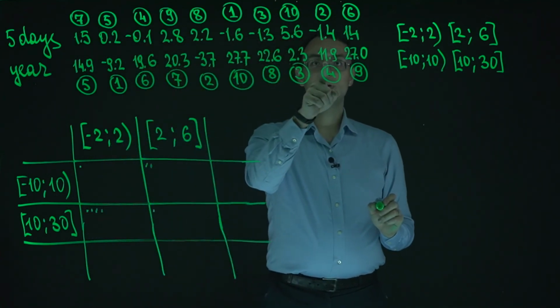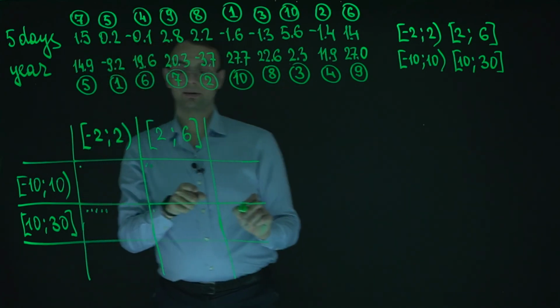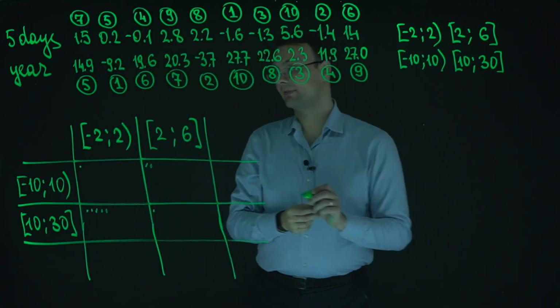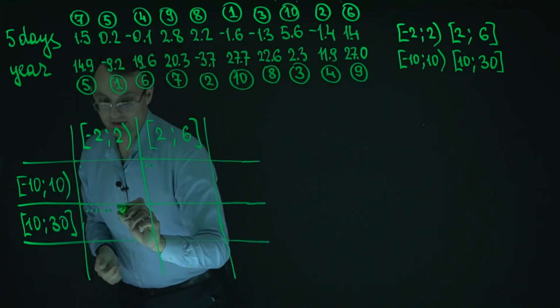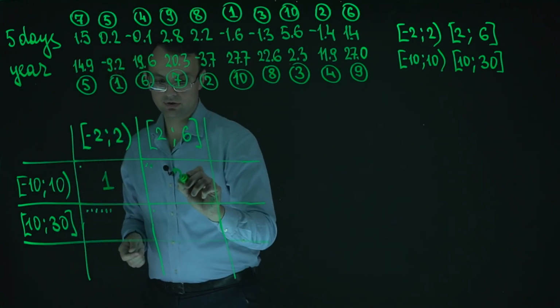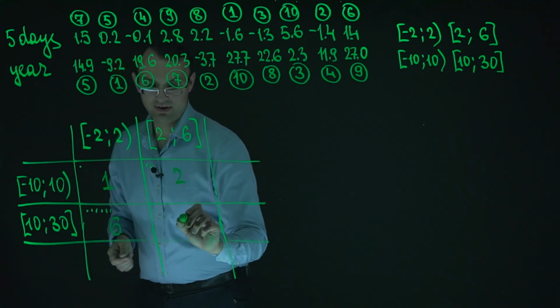Then minus 1.4, 11.9 here. Then 1.4, 27 here. So we see that here we have one observation, here two, here 6, and here 1.